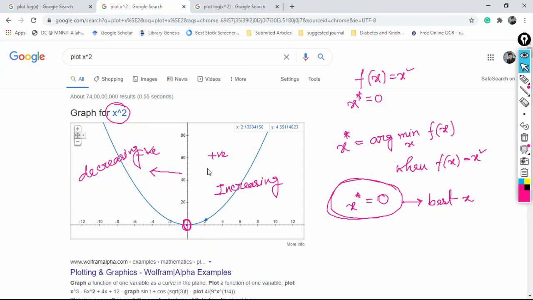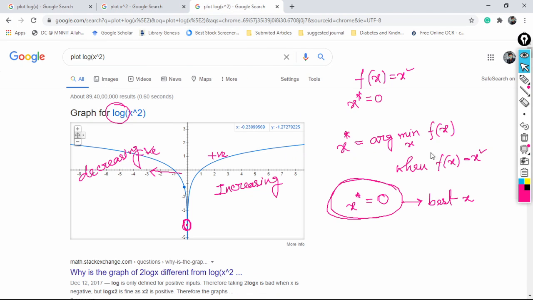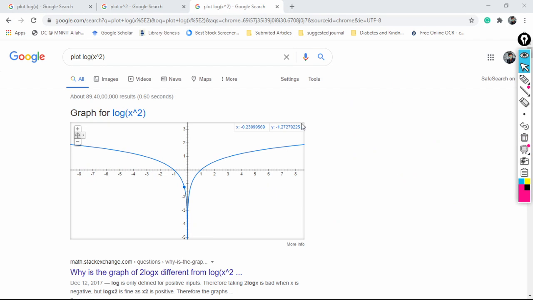Now we claim that log of f of x, that is g of f of x, because we called the log function g of x. So this is our g of f of x, that is log of x square.